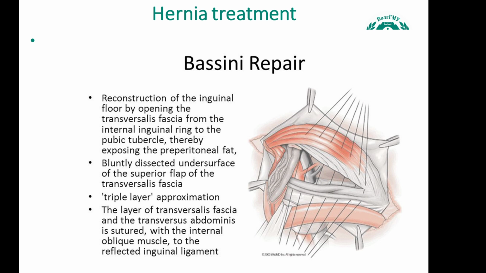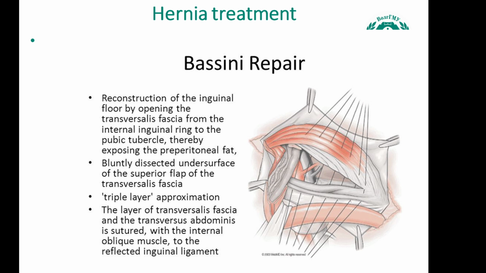Reconstruction of the inguinal floor by opening the transversalis fascia from the internal inguinal ring to the pubic tubercle, thereby exposing the peritoneal fat. Bluntly dissected on the surface of the superior flap of the transversalis fascia. Then triple layer approximation.